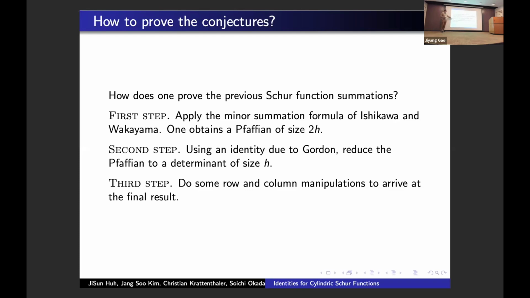The second step, you use an identity of Gordon to reduce the determinant that you get, the Pfaffian that you get, to a determinant of half the size. And in the third step, you apply certain row and column manipulations until you arrive at the result. This procedure is very well described in John Stembridge's paper on plane partitions and non-intersecting lattice paths.